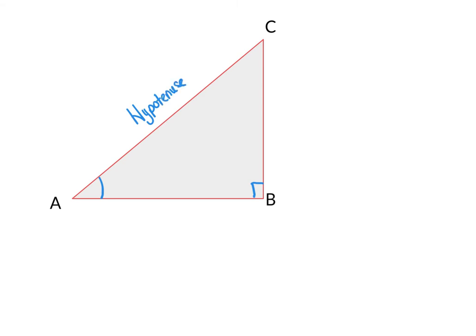The other sides it was referencing, it said the word opposite and it said the word adjacent. That depends on which angle you're talking about. In this case, we are going to talk about angle A. All right, angle A. If I want the side that is opposite to angle A, it is going to be, if I were to start at angle A and go across the triangle. So my opposite side, if I am talking about angle A, is going to be over here.